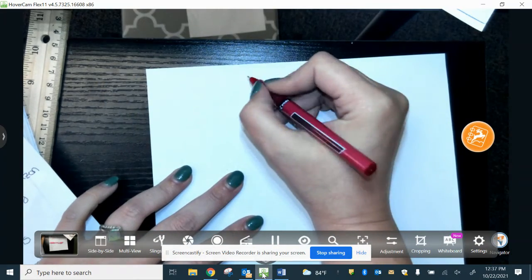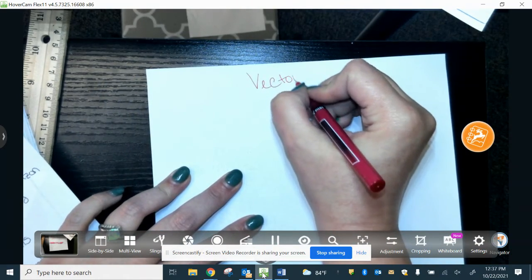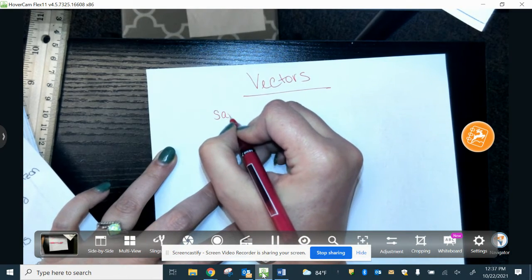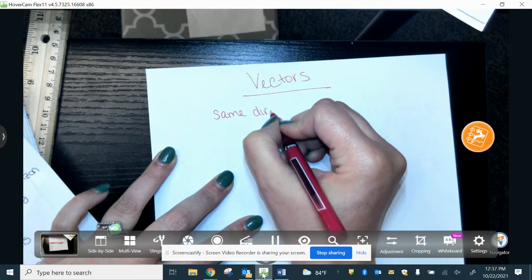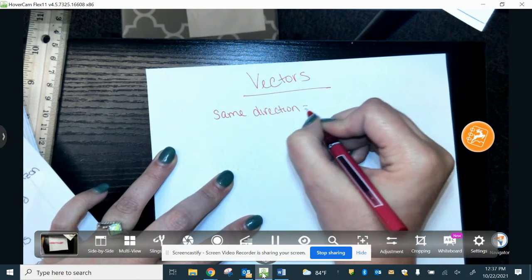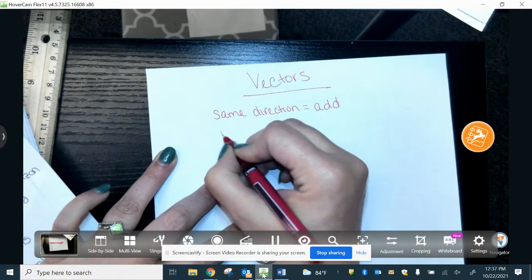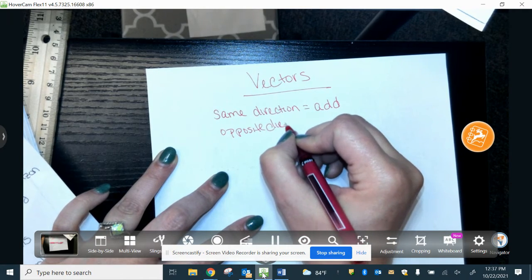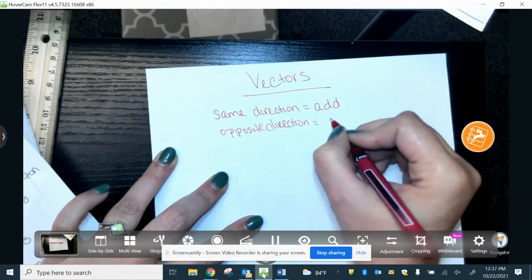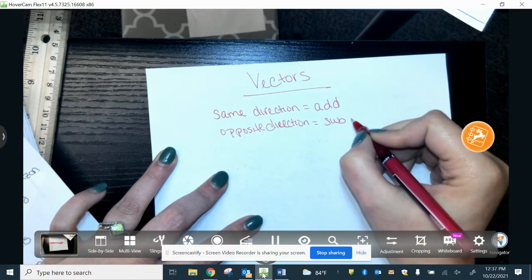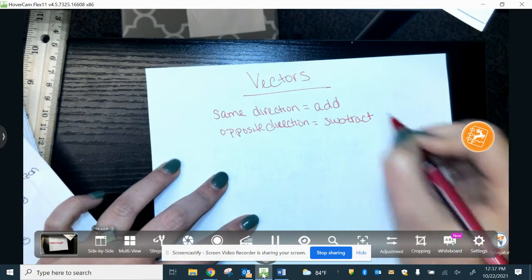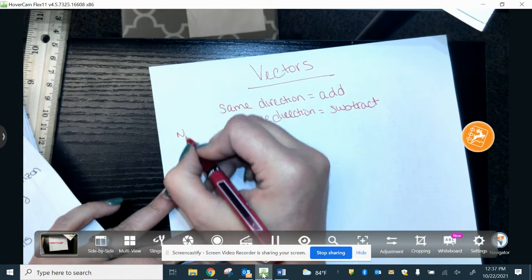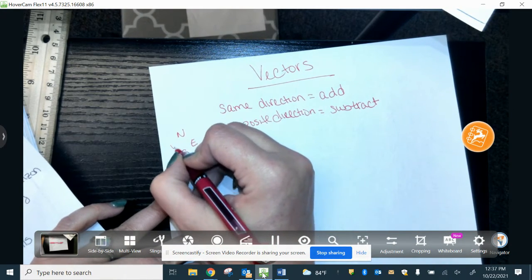Now let's do vectors. The important thing to remember is same direction, you can add them. Opposite direction, subtract them. So if someone's walking, remember the cardinal directions, north, south, east, and west.